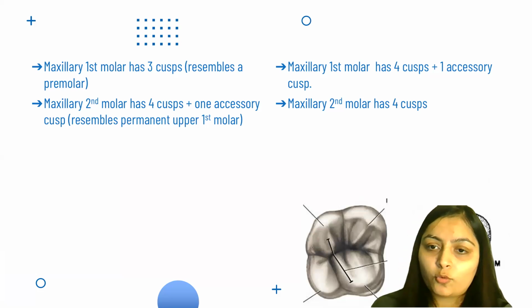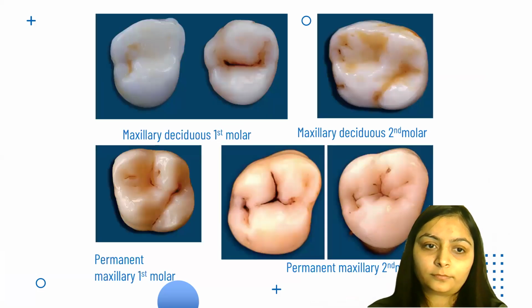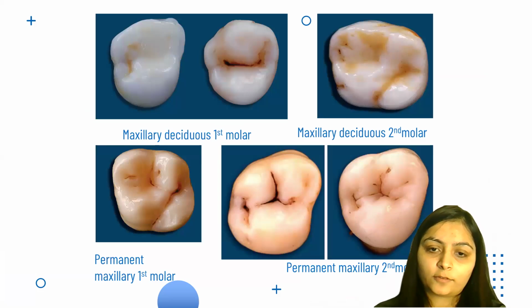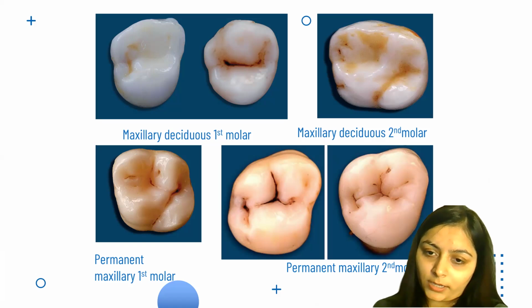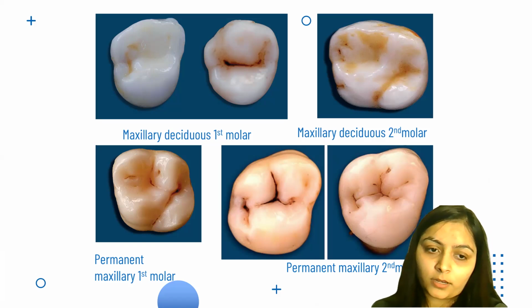Whereas in the maxillary second molar, there are four cusps. See, the deciduous first molar, and compared to that, the permanent maxillary first molar. And here is the maxillary deciduous second molar, and this is the permanent maxillary second molar. You can appreciate the difference here, and you can appreciate the cusp of Carabelli on the permanent maxillary first molar, on the mesiolingual cusp.